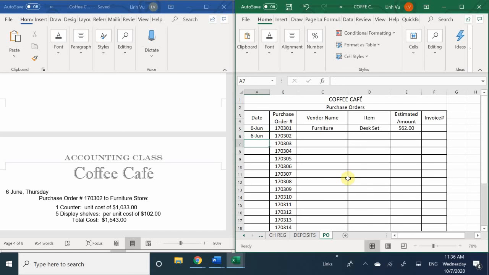So again, June 6th. The place that we got this from is from the furniture store. Oh, I didn't write store.